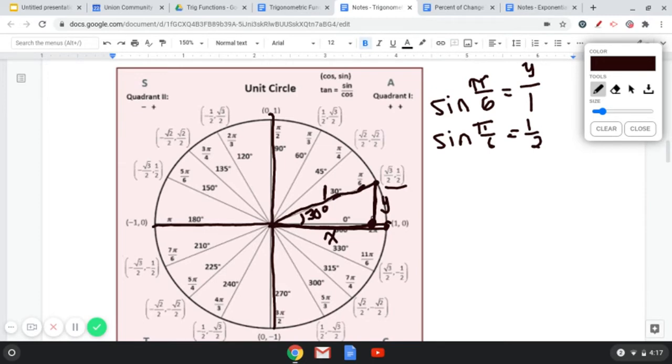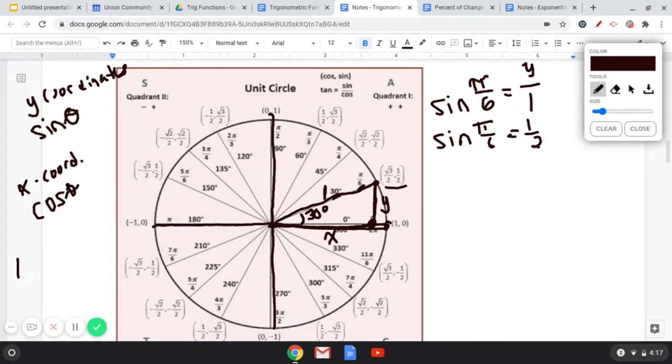In other words, I'll write this over here. The y coordinates correlate to the sine of the angle. And the x coordinates correspond to the cosine of the angle.